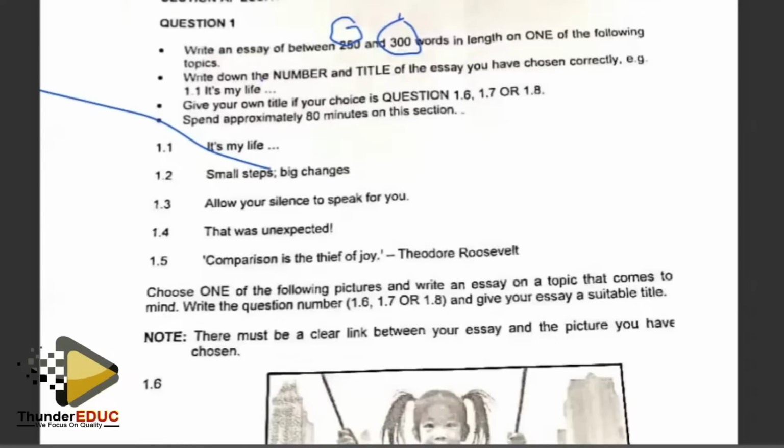So what are we expected to do? If you have chosen topic 1.1, 1.2, 1.3, 1.4, 1.5, the first thing you need to do is make sure that you start with your planning. How are we going to plan? We're going to plan going through maybe 5, 6, 7, 8 steps. Number one, if you're talking about my life, it's exposition, your hook.